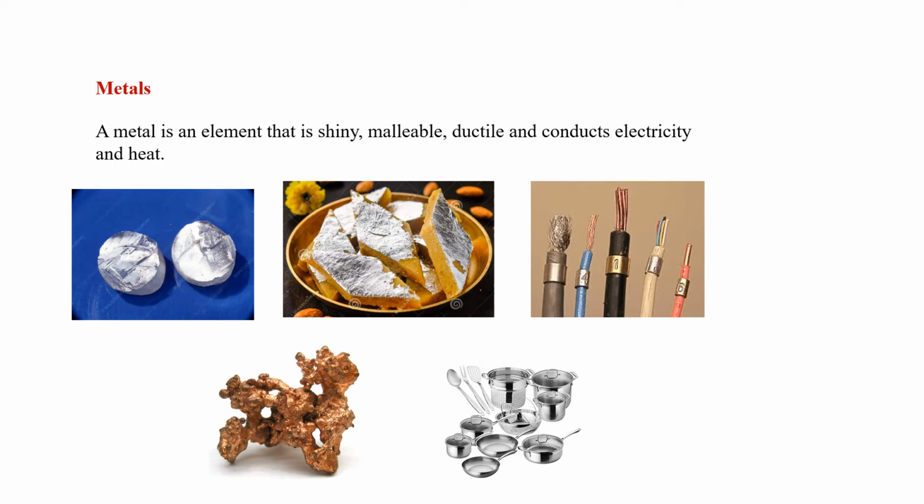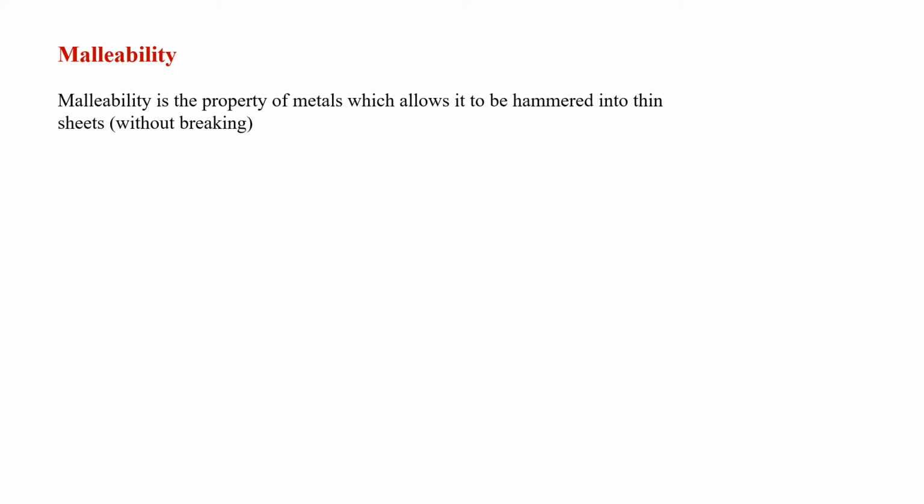Next we will try to understand their properties. The first property is malleability. Malleability is the special property of metals which allows them to be hammered into thin sheets without breaking.